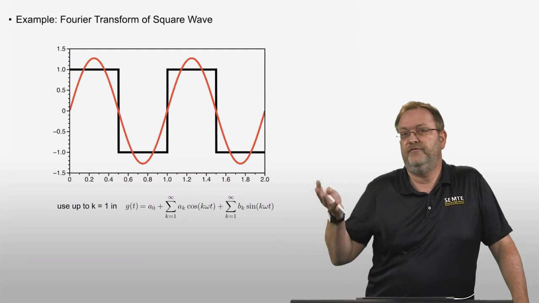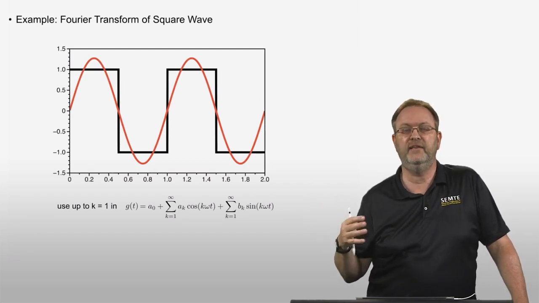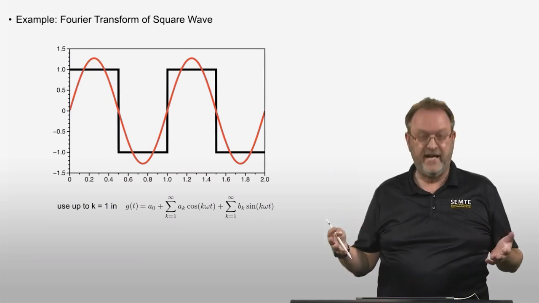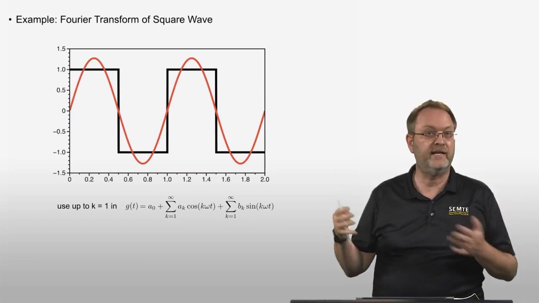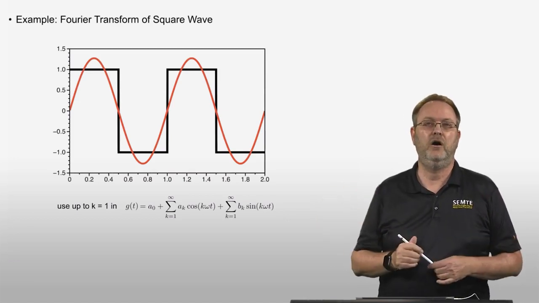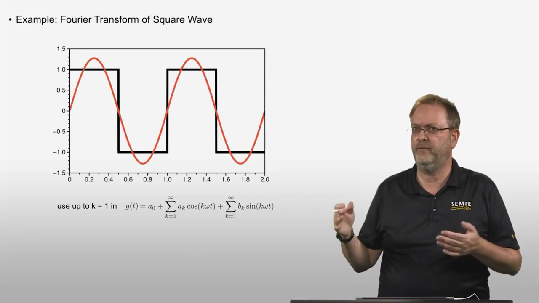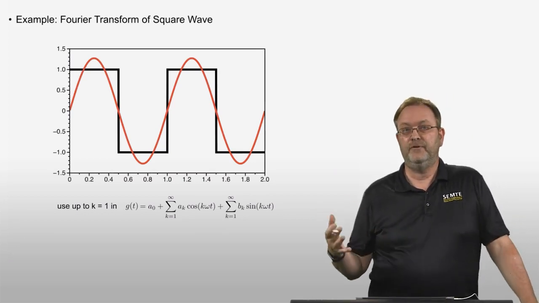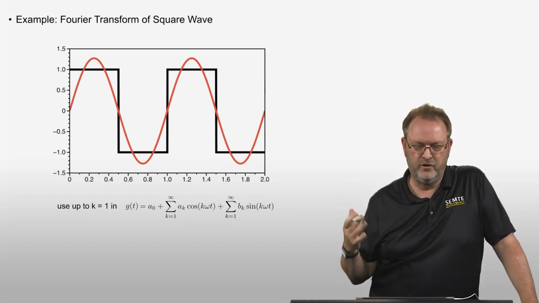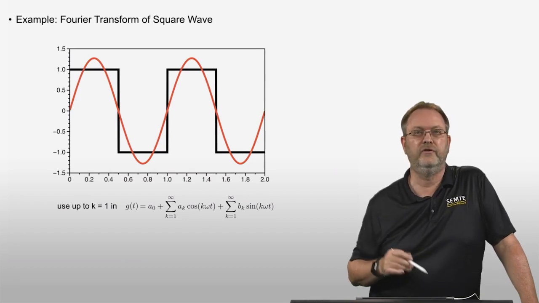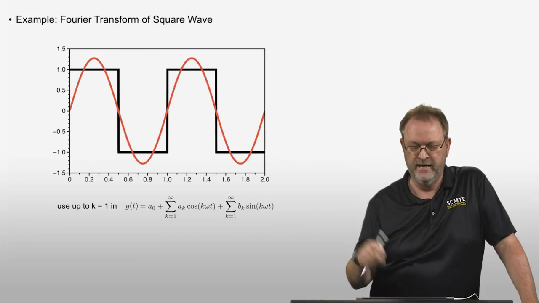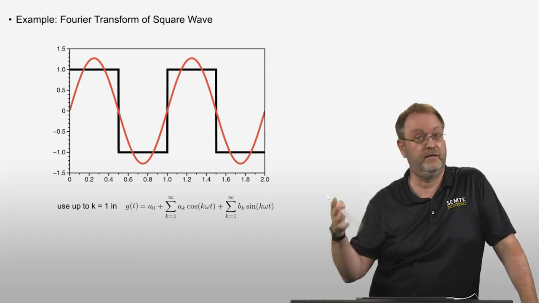And so if I don't go to infinity with my k, but just to 1, then I have this b sub k that I just calculated as it's an odd value. So 4 divided by 1 times pi. So 4 divided by pi times the sine of k omega t. K was 1. So I have an amplitude of 4 divided by pi that is a little bit over 1, right? That you can see here in the red curve. That amplitude goes above 1. And it's just a sine wave. Okay, and the example here is for a fundamental period t of 2.